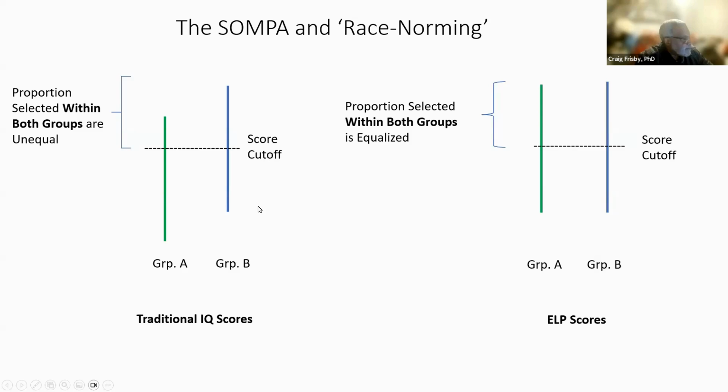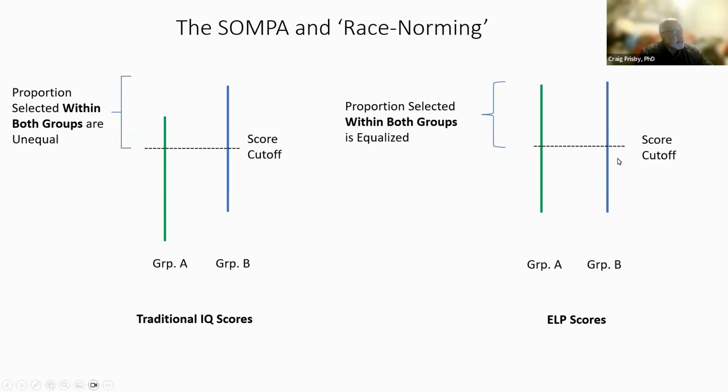So the SAMPA developers said that that's unfair, that that's biased. So what they did is they implemented this system that basically altered the scores made by Group A into what they called ELP scores. When you do all of the math, it would give people the same distributions of ELP scores, because people are being evaluated only within the context of their sociocultural group.